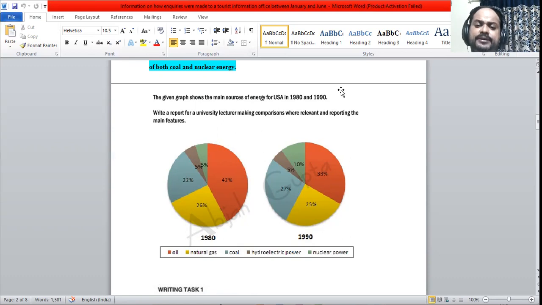And when we go ahead with the 1980 statistics, out of the total consumption of energy in the USA, you have more than 2/5 consumed from oil.